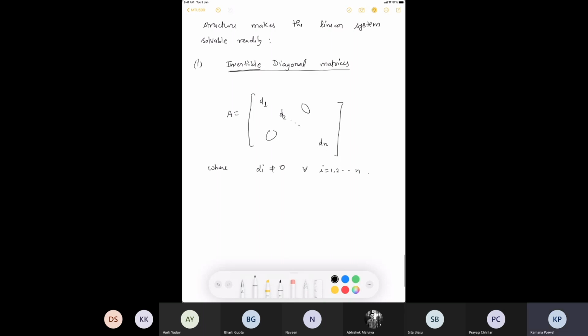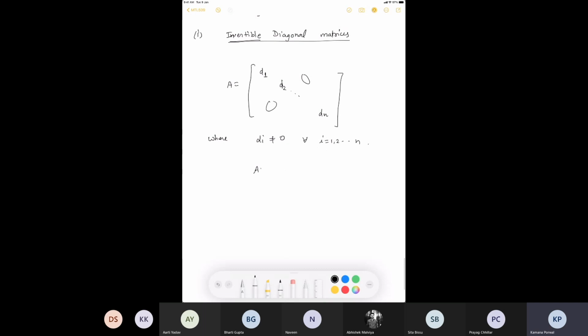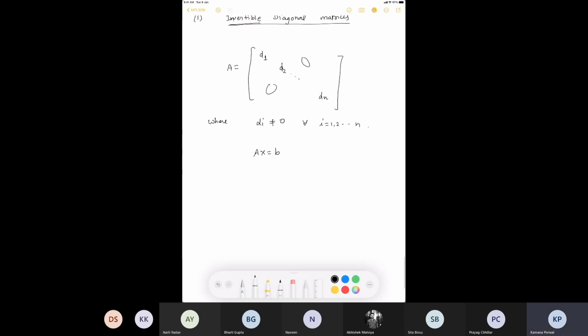And if you have this as a coefficient matrix, and if you want to solve Ax is equal to B, the solution is very easy, right? The xi's are going to be nothing but Bi divided by Di.